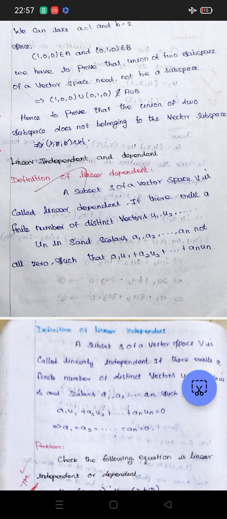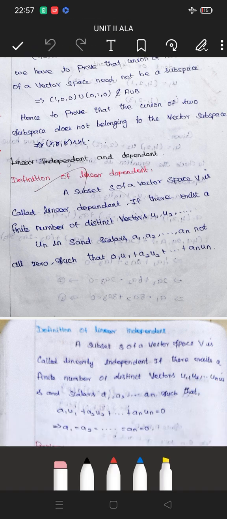an un is not equal to 0. So clearly you can note that V is a vector space and S is a subset having distinct vectors u1 to un and scalars a1 to an such that a1 u1 plus etc. an un is not equal to 0.